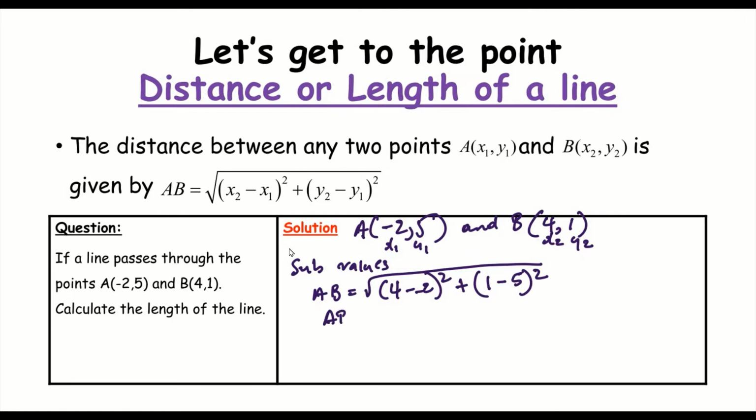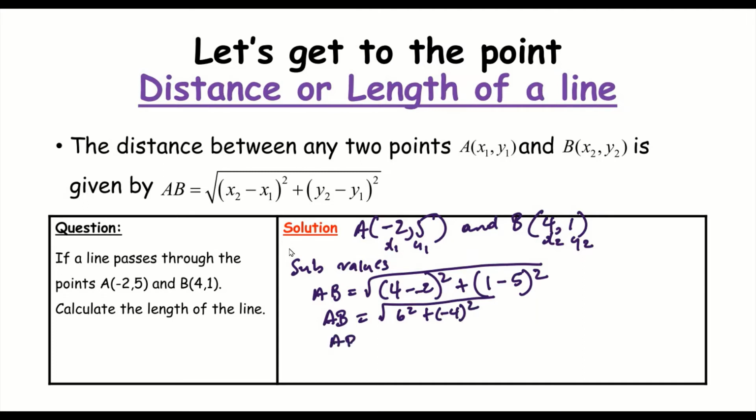So we have AB is equal to the square root of 4 minus negative 2, which gives us 6, so 6 squared, plus 1 minus 5, which gives us negative 4, all squared.